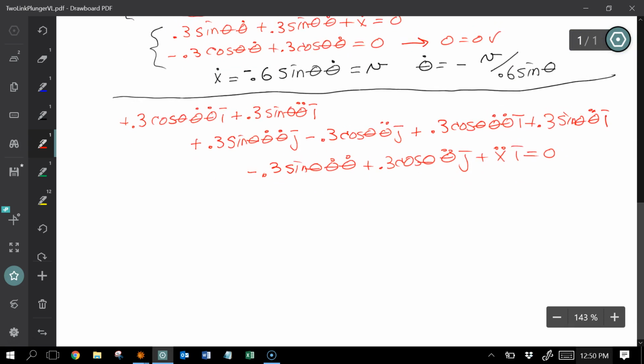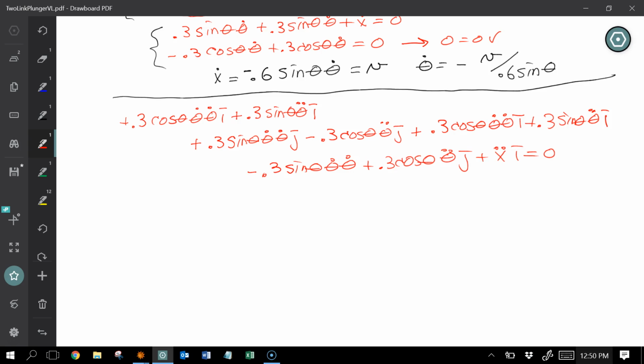Okay, so the hard part really is taking the second derivative.